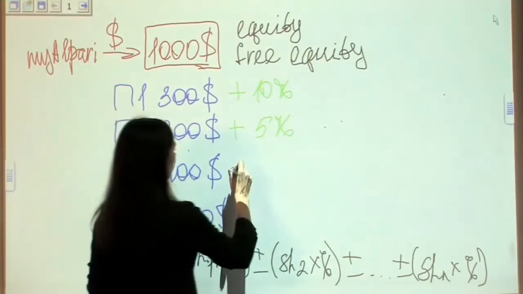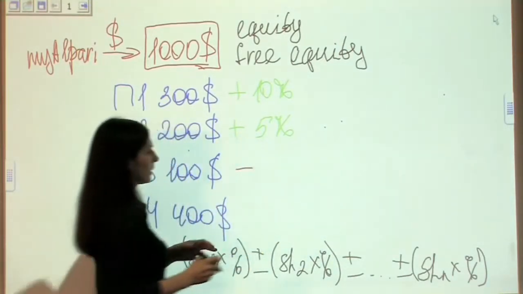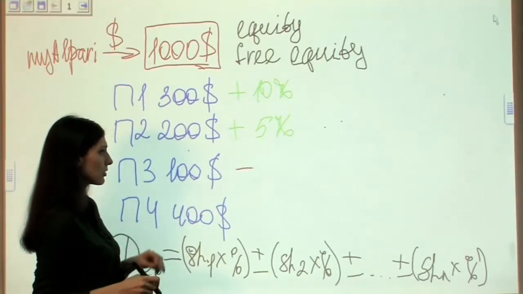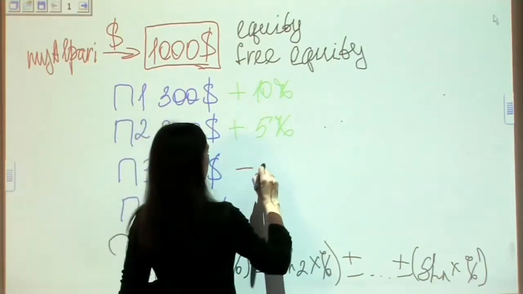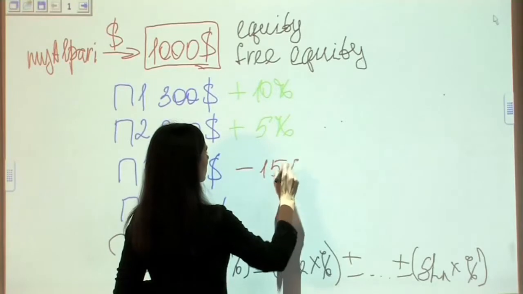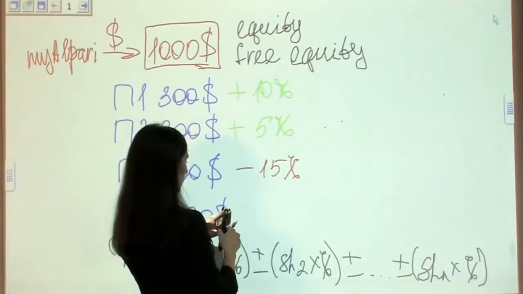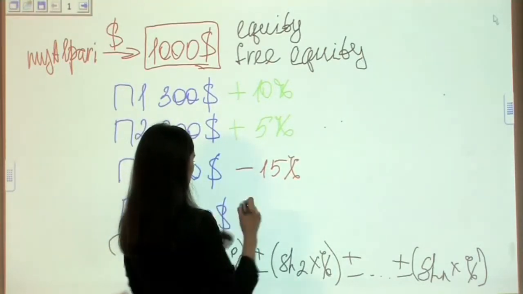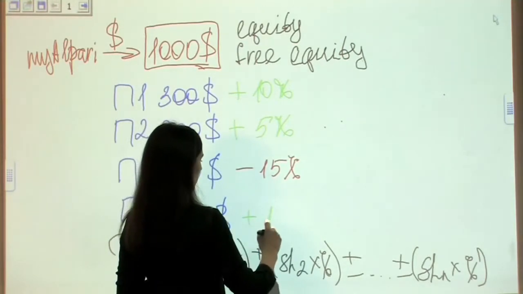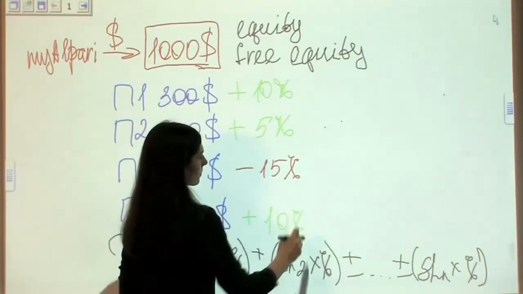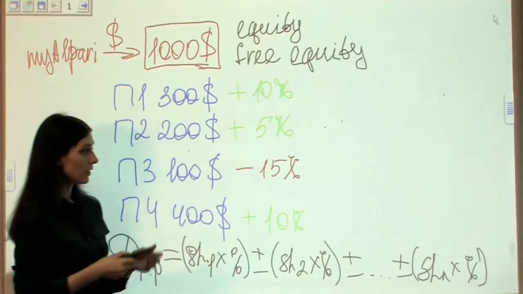The third one, unfortunately, has a drawdown of 15%. And the last one receives plus 10%. Okay, here we are.